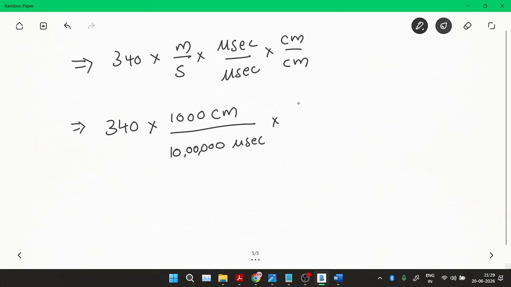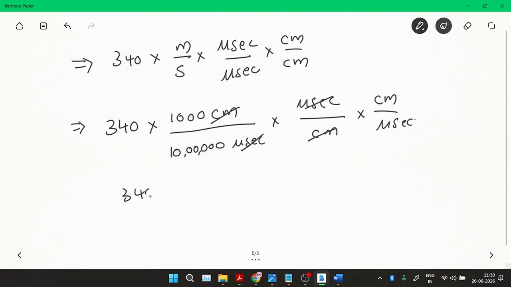I'm going to write it in this way. So, microsecond divided by centimeter multiplied by centimeter by microsecond. I'm just changing the positions of these. So this microsecond will be cancelled out by this one, and this centimeter will be cancelled out by this centimeter.